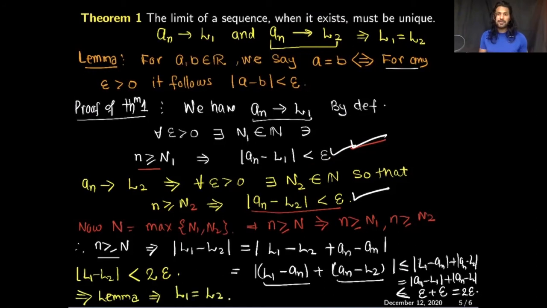The lemma says that for any given epsilon, if the distance between any two real numbers is always less than or equal to that epsilon, this time it is 2 times epsilon, but it's still a small real number, then L1 is equal to L2. This proves our theorem that if your sequence converges to two different elements, these two elements must be the same, or in other words, the limit of your sequence must be unique.